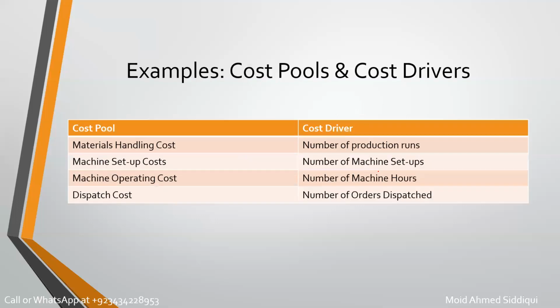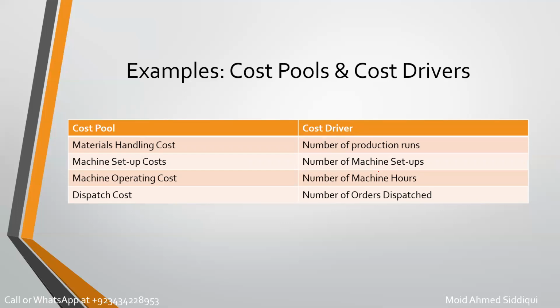These are some examples of cost pools and cost drivers. Materials handling is a cost pool, and for materials handling, the number of production runs is a cost driver. Machine setup cost is a cost pool, for which the number of machine setups is the cost driver.